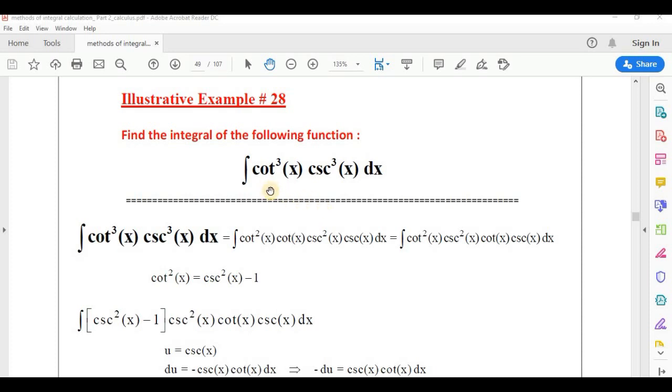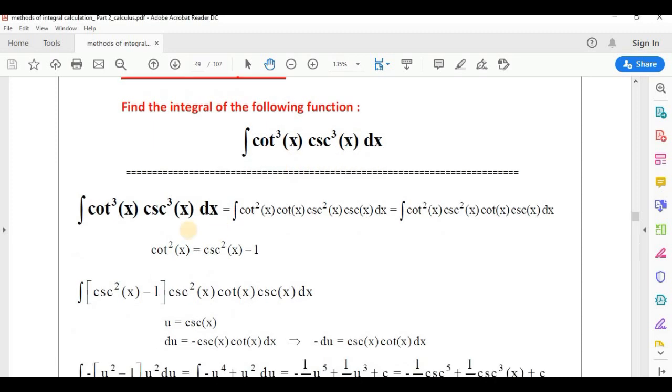The first step, as we learned, we withdraw 1 from both functions to get cotan multiply cosec. After we withdraw 1 from both functions, the integral becomes integral cotan square multiply cotan multiply cosec square multiply cosec dx. After arranging the integral, cotan multiply cosec, we get this part.